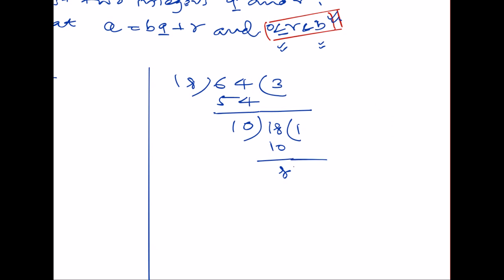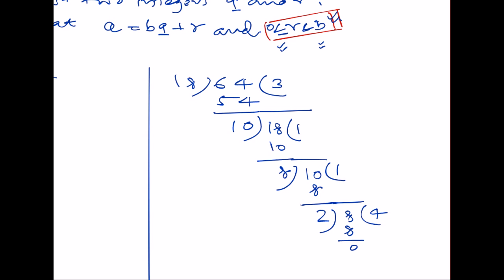Similarly, this 8 will become our new divisor and 10 will become the new dividend. So 8 ones are 8 and remainder 2. Now again this 2 will become the new divisor and 8 will become the new dividend. 2 fours are 8 and remainder is 0. Guys, carry on doing this till you get 0.